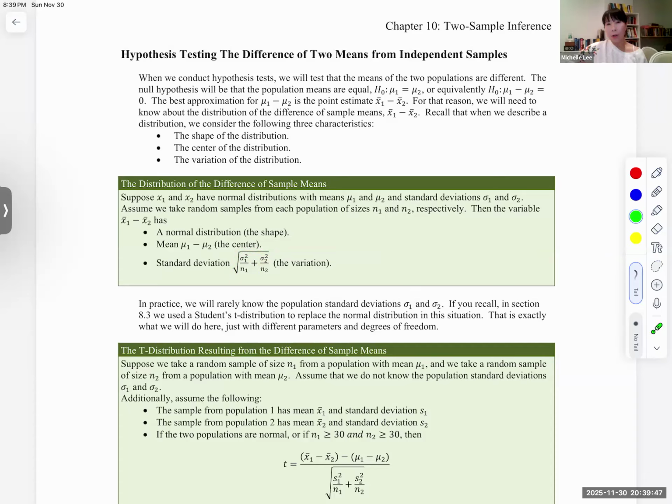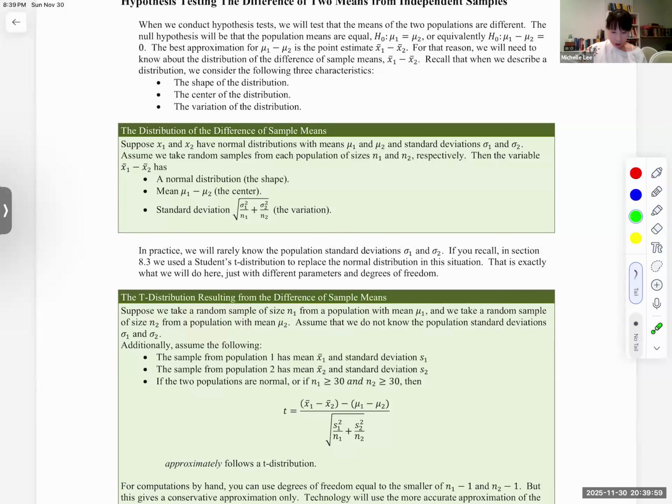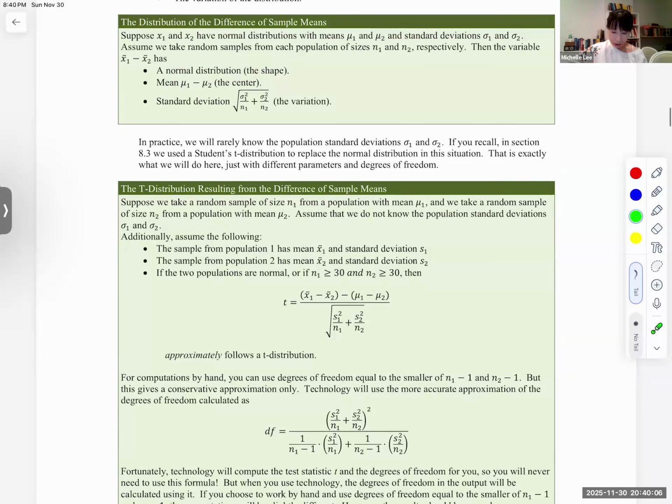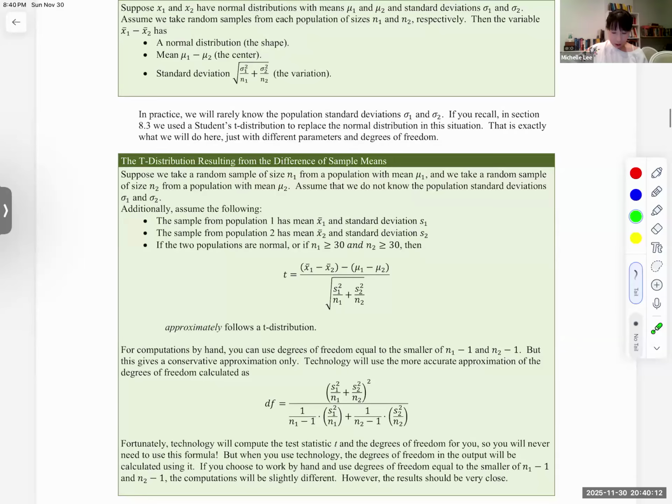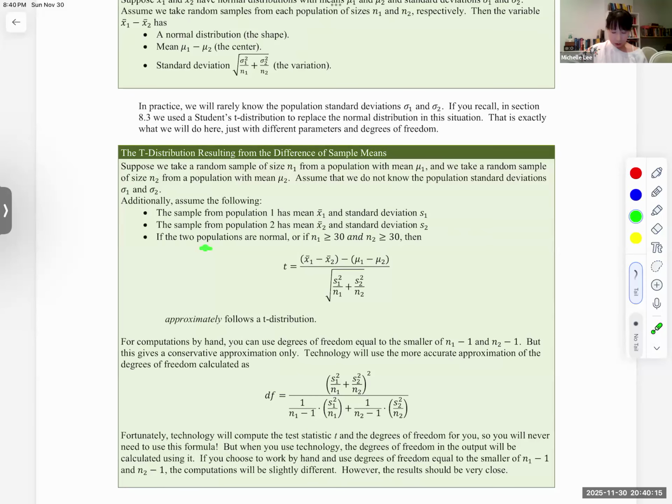But if we are using decimals, the calculator does it all for you. We don't talk about the order of operations. The shape is a normal distribution. Now we have a t distribution. We assume that the two populations are normal.